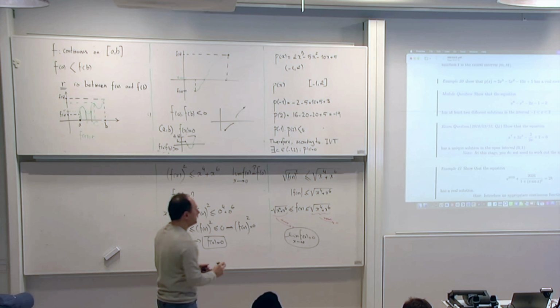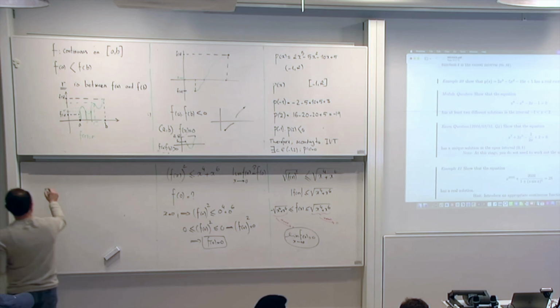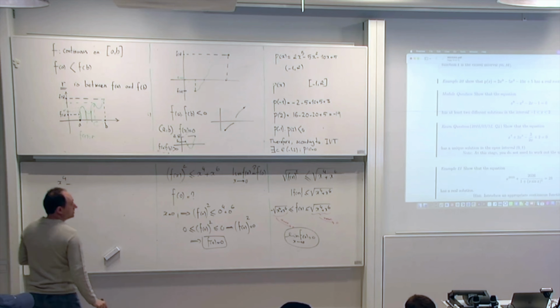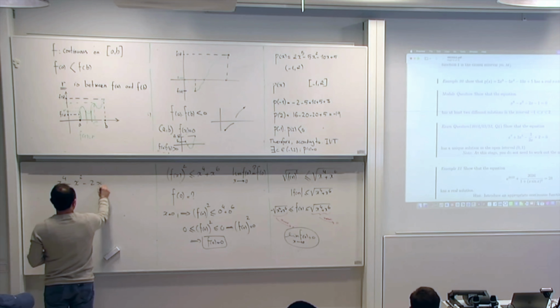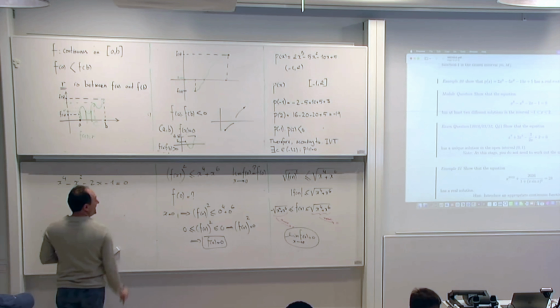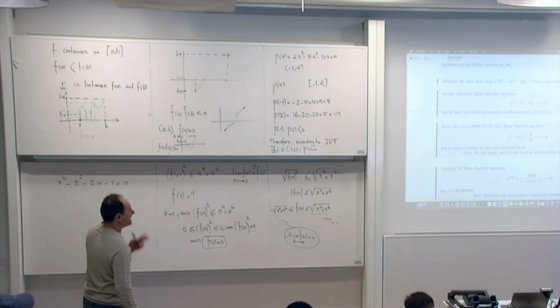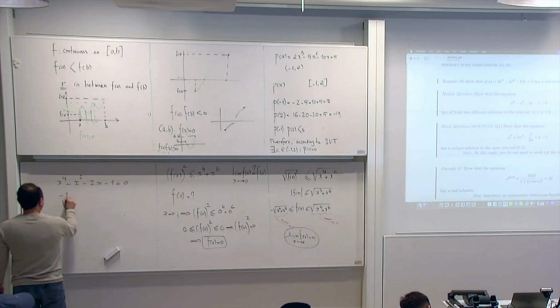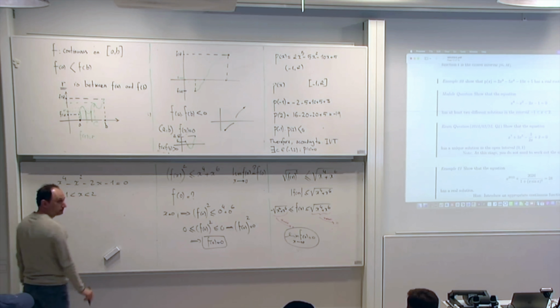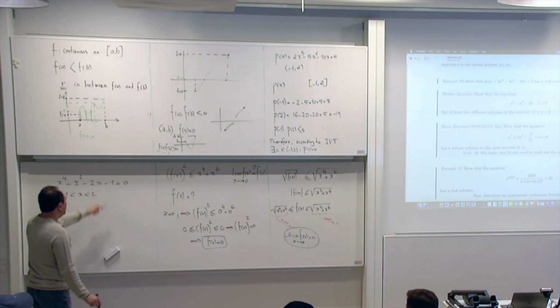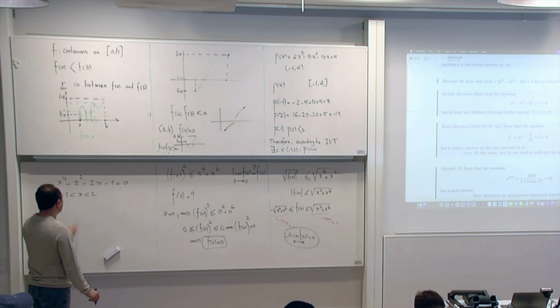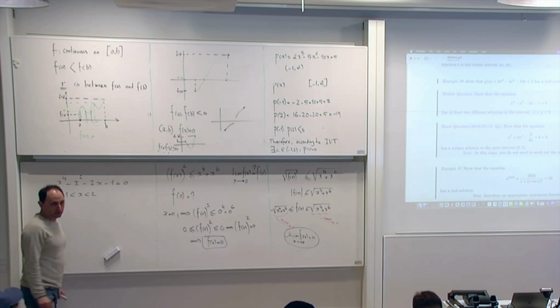I want to show that x to the power 4 minus x to the power 2 minus 2x minus 1 is equal to 0 has at least two different solutions in the interval from -1 up to 2. Okay? So we want to show that this equation has at least two distinct solutions in this interval.